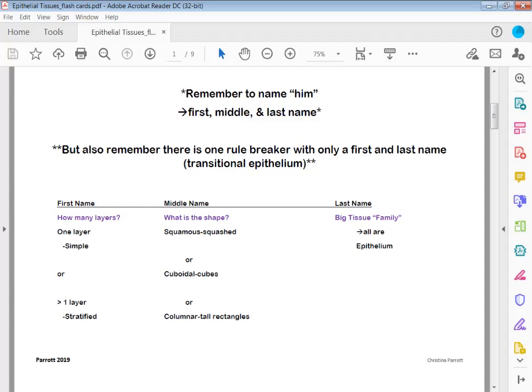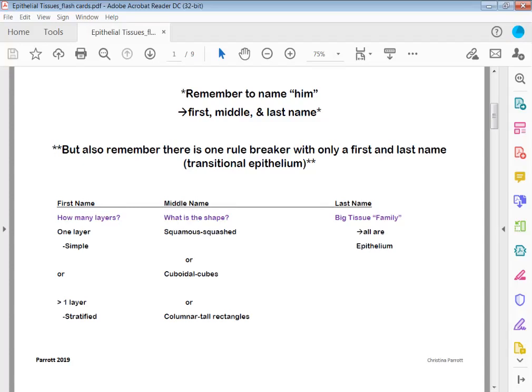So if the top layer of cells are squashed looking, they're going to be squamous. If the top layer of cells looks cuboidal or like cubes, it's going to be cuboidal as the middle name. And if the top row of cells look like tall rectangles, then the middle name is going to be columnar. The last name is always going to be the family name or the big tissue category, which is epithelium.